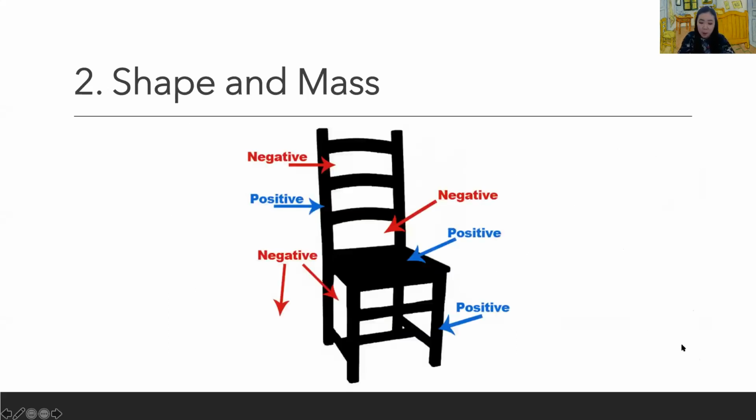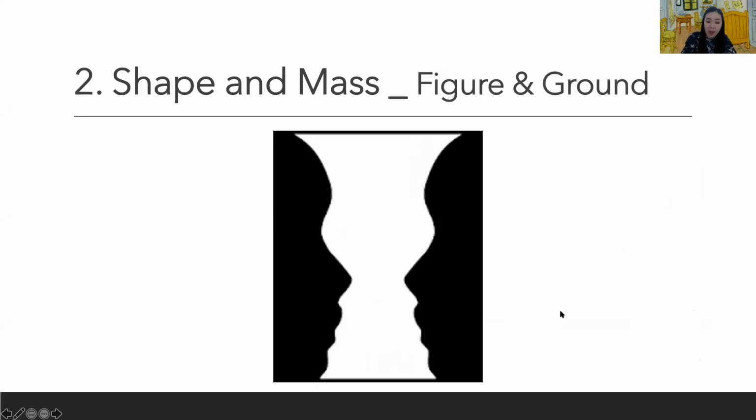And in art, we can divide an image into positive shapes and negative shapes to make contrast. The positive shapes are the shapes of the actual objects, and the negative shapes are the spaces in between objects, which means the background. Sometimes it is called figure and ground. The figure is the object part like the positive shapes, and the ground means the background like the negative shapes.